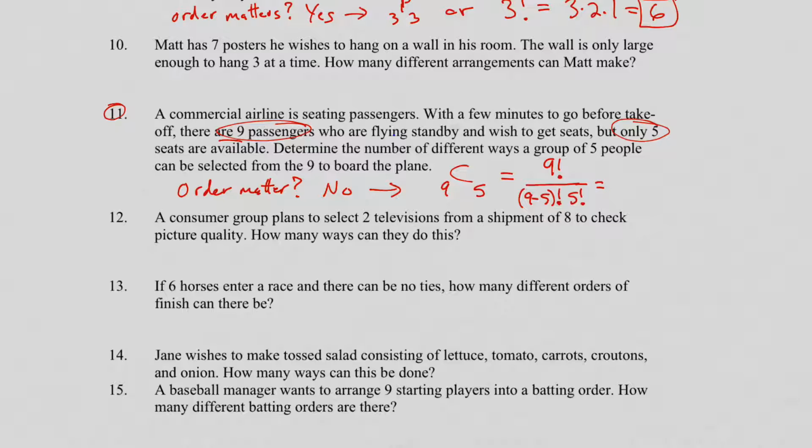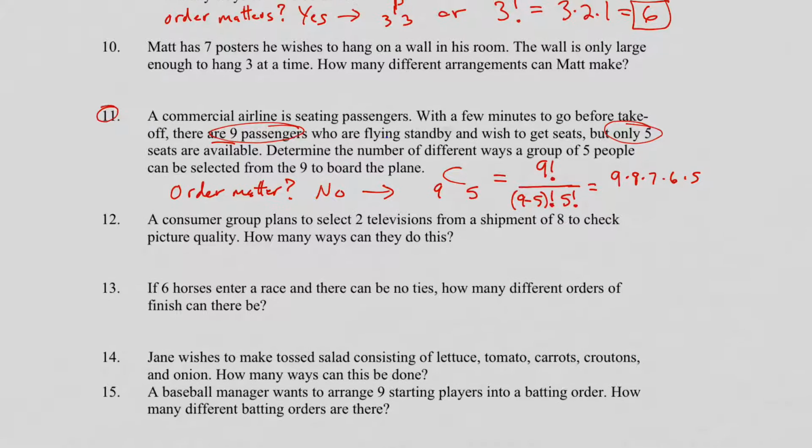So again, I recommend using 5 of the 9 factorial. So 1, 2, 3, 4, 5, the first 5 numbers, if you're doing this by hand, by the way. Okay, if you're not using your calculator.